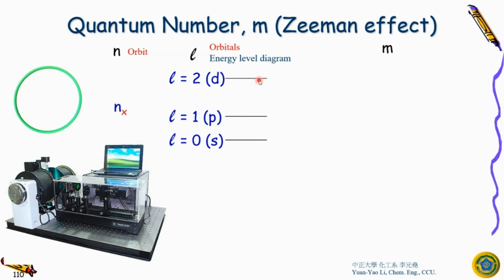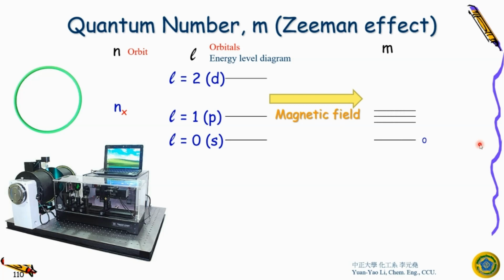And the third quantum number M is that if we apply a magnetic field to this gas discharge tube, the energy is split. Or you can apply an electrical field. If you apply this to L equal to 0, it stays there. There's no splitting.